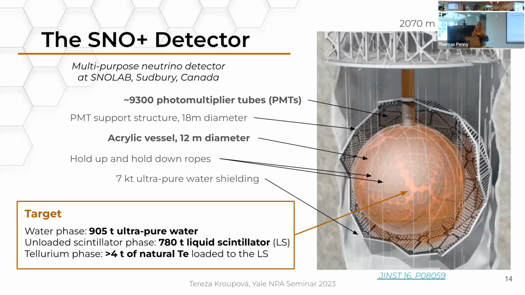And then we started to take out the water from the bottom of the acrylic vessel and fill liquid organic scintillator from the top. That scintillator currently doesn't have any isotope in it, which is what's called the unloaded scintillator phase. And then eventually for the neutrinoless double beta decay search, of course, we need the isotope, so we are planning to load more than 4 tons of natural tellurium for this phase.